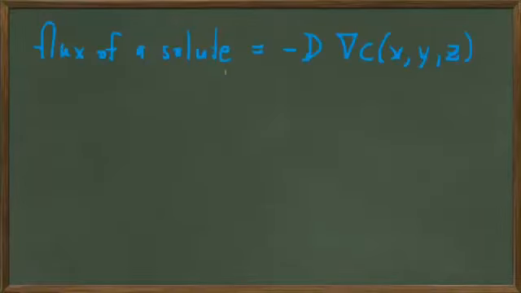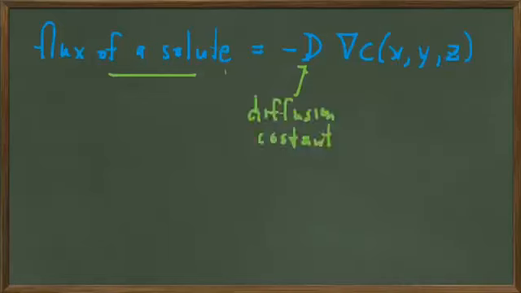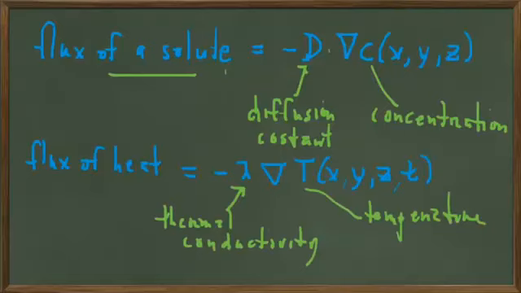So the flux of a solute is going to be minus D, where D is a diffusion constant, so minus D times the gradient of c, where c is the concentration of that solute as a function of x, y, z. So the flux of heat is also calculated using a gradient.